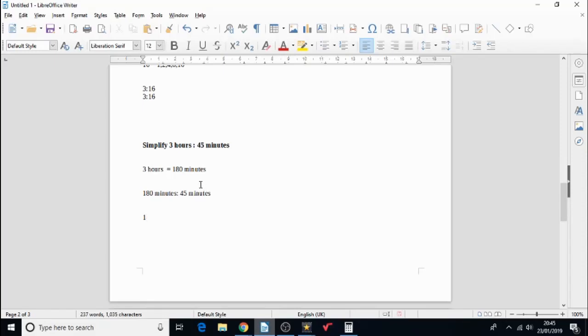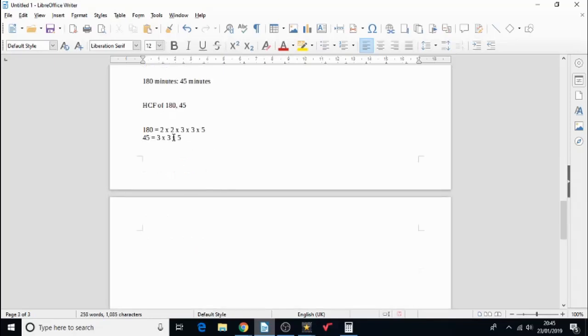This is how we can find out what to divide it by in order to simplify it. Because we're dealing with bigger numbers now, for the highest common factor of 180 and 45, we'll write them out in prime factors. So 180 is 2 multiplied by 2 multiplied by 3 multiplied by 3 multiplied by 5. 45 is 3 multiplied by 3 multiplied by 5.